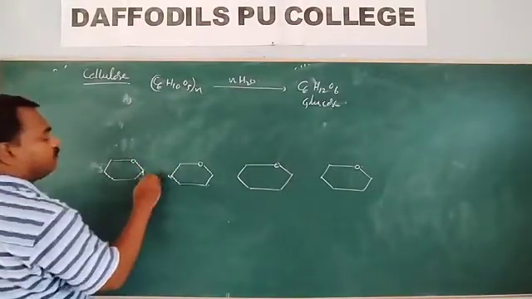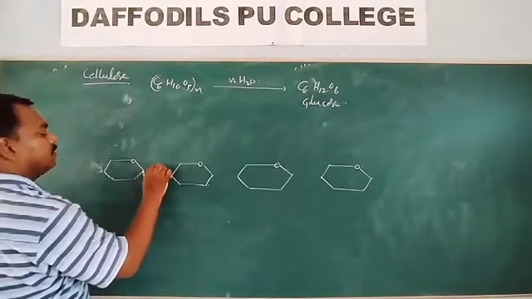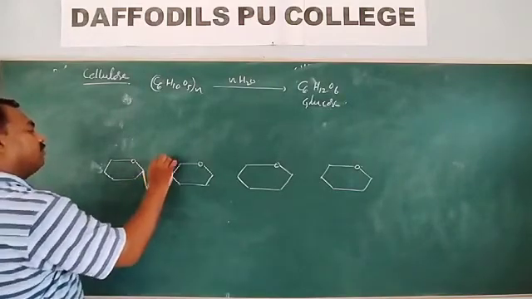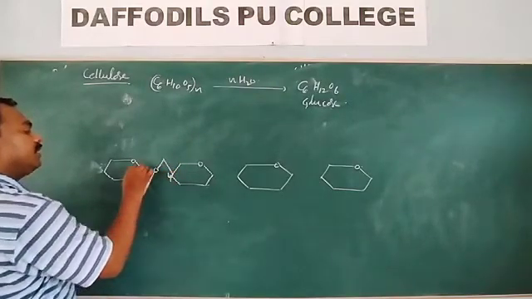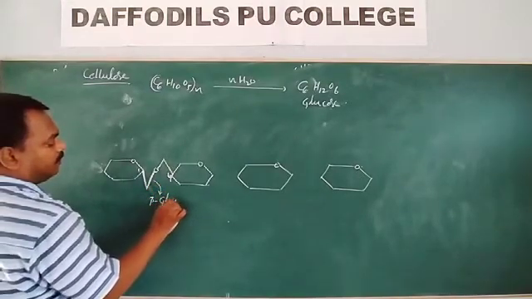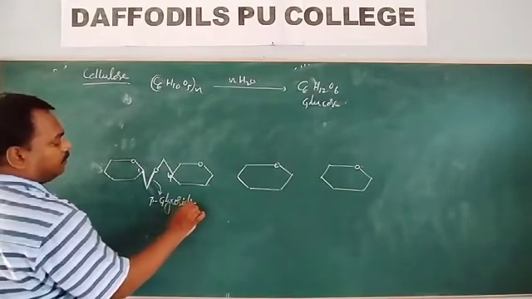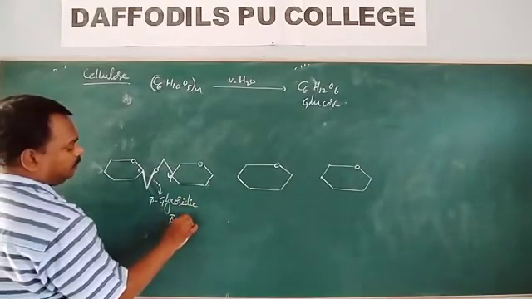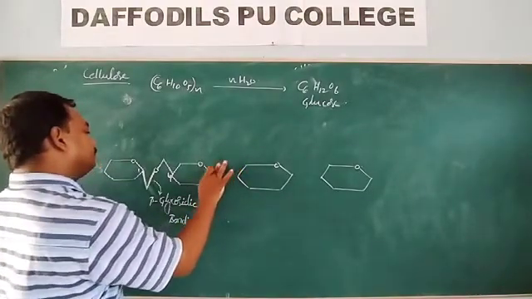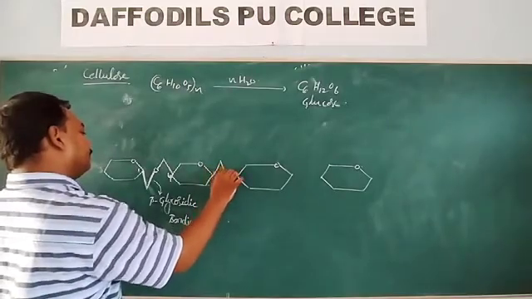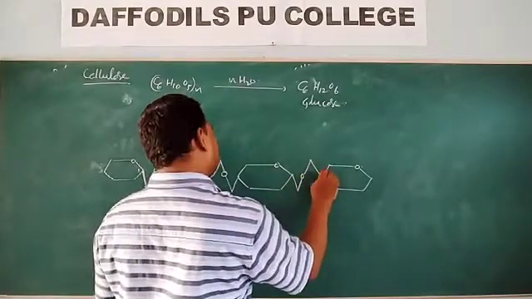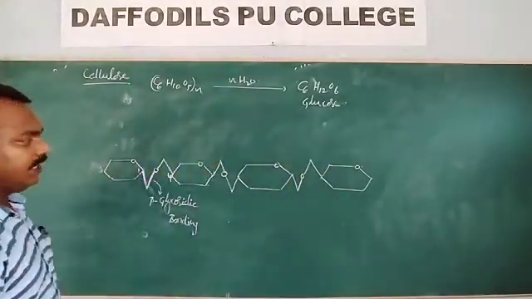These first and fourth carbons are connected by beta glycosidic bonding. This is a beta glycosidic bond.